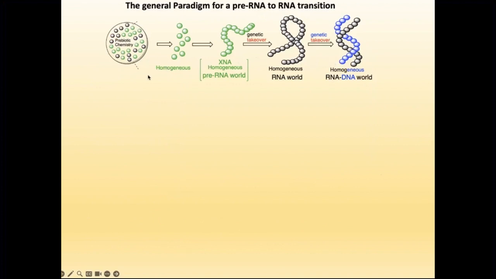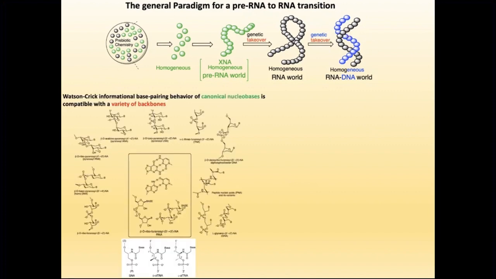A mixture of molecules early on. From there, a molecule arose, an XNA, what we call a pre-RNA, or directly an RNA. Many people prefer direct takeover. And then RNA invented proteins, then invented DNA, and now we have this RNA-DNA world. So people have so many different variations.